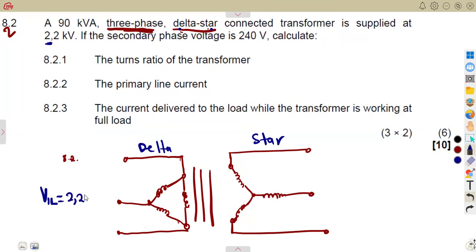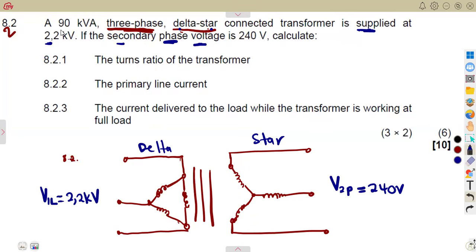So this is 2.2 kilovolts. If the secondary phase voltage, so on the secondary side, we are given the phase voltage, which is 240 volts. But on the primary side, we were given the line. It is supplied from the supply, that is the line voltage.